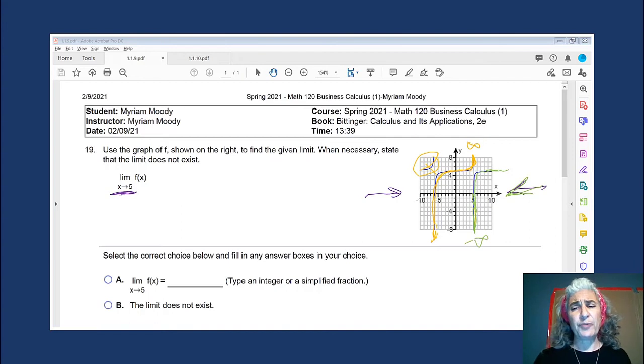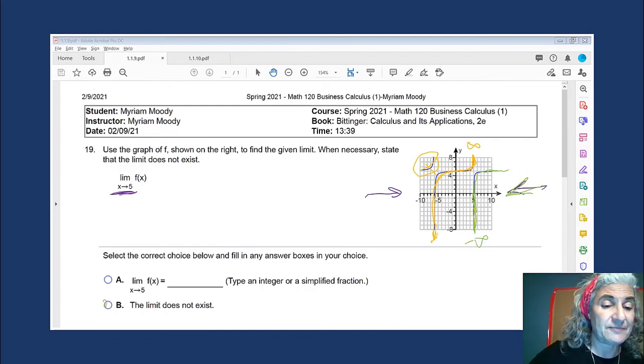So if one part is heading towards positive infinity and the other towards negative infinity, are they heading towards the same y value? No, they're not. So if they're not heading towards the same y value, then guess what? Yep, you said it. Limit doesn't exist.